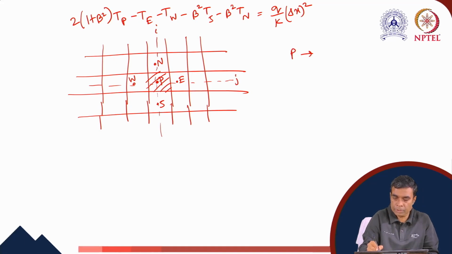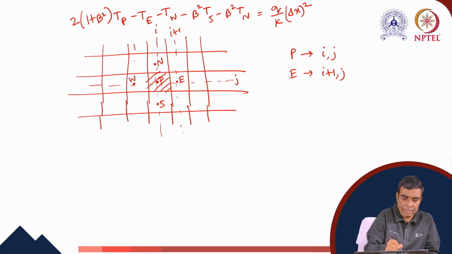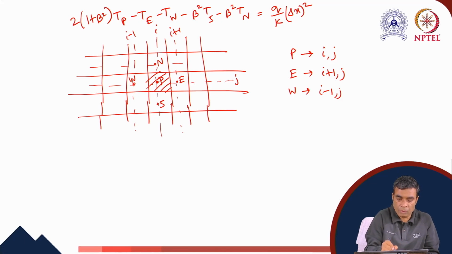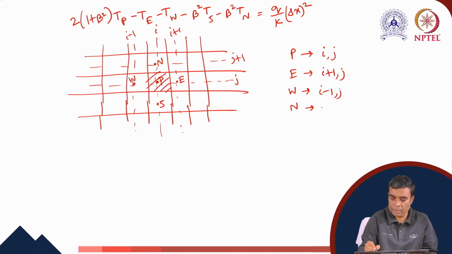So P corresponds to the position i comma j, then E corresponds to i plus 1 comma j, and W similarly corresponds to i minus 1 comma j. Similarly, the northern node can be represented as i comma j plus 1. And finally, the southern node can be correlated as i comma j minus 1.